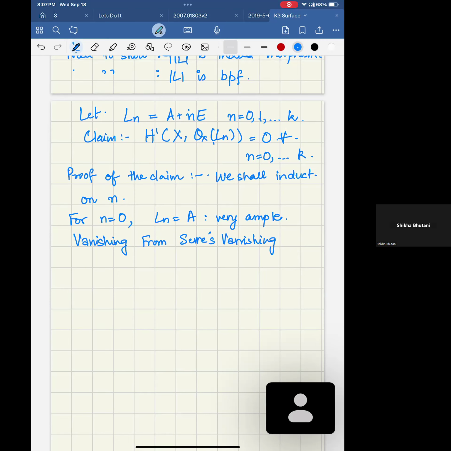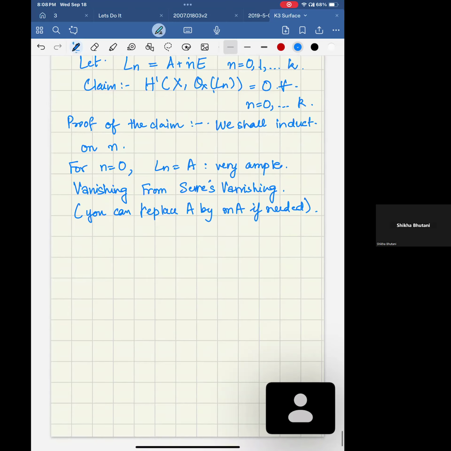Well, you might say, maybe the Serre vanishing might hold for some higher multiple of m, but then you can replace A by mA if needed. Right? It's not going to change the argument. Like you can just take, instead of K, mK. Just replace A by some higher multiple mA and the argument would still work.